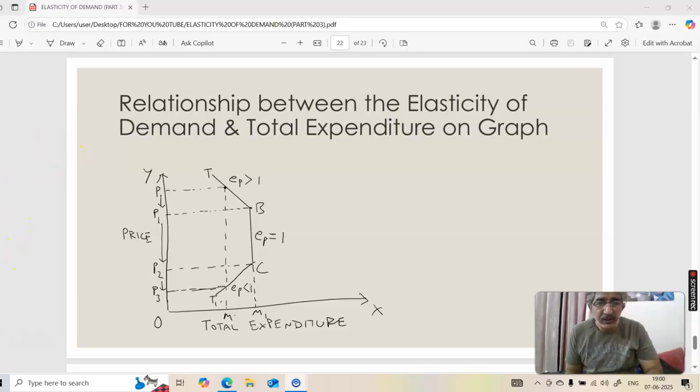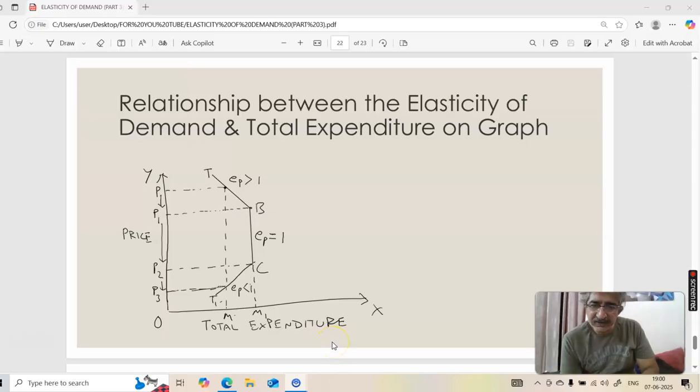Today, in this short video, I'll be explaining the relationship between the elasticity of demand and total expenditure on a graph. On the y-axis, we will take price, but on the x-axis we'll take total expenditure.